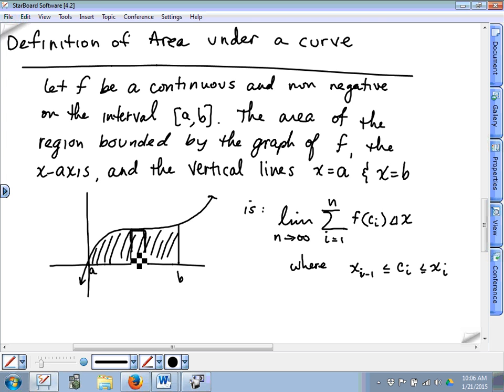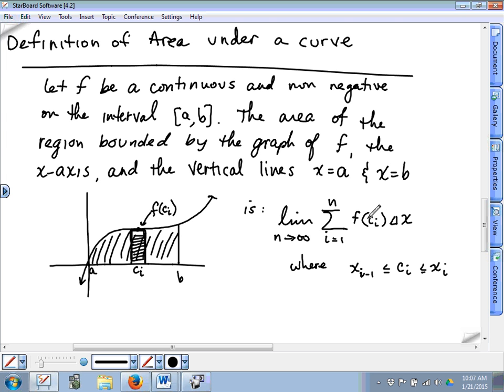So on your picture, I had this little rectangle here where I'm drawing it. If the function is f, and this right here is ci, in the middle of that rectangle, then the height of that rectangle is f of ci.